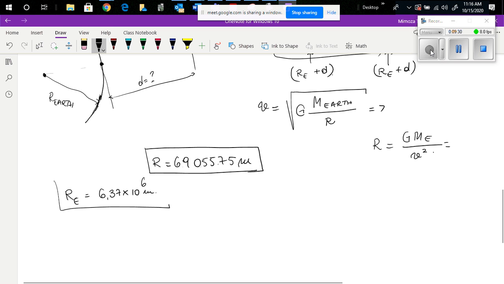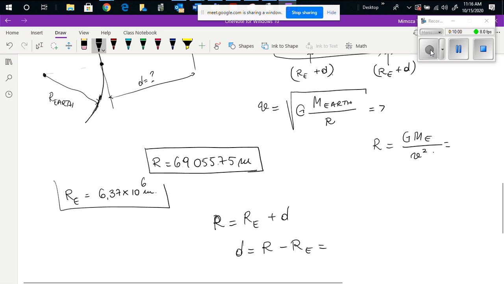However, what we know is that the radius of the Earth, from the table again, is 6.37 times 10 to the power of 6. So now this r that we found is equal to the radius of the Earth plus that d, and from here d will be the distance we found minus the radius of the Earth.